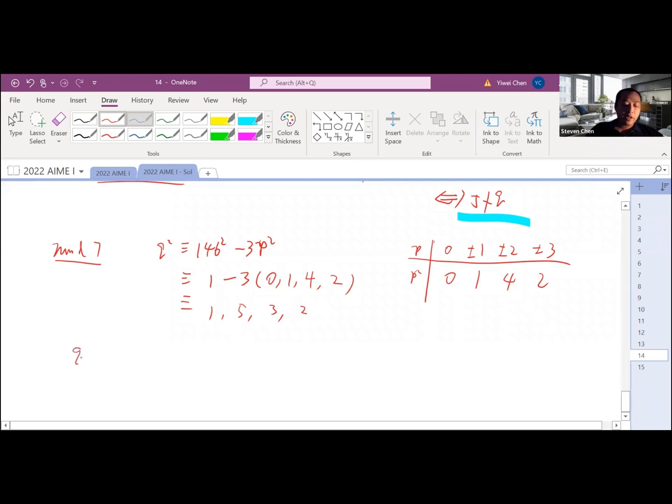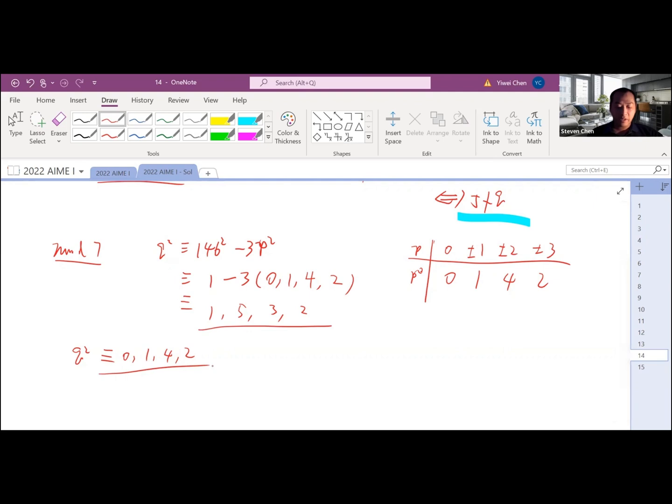And for q squared itself, following from the table on the right, the possible congruent numbers modulo 7 could be 0, 1, 4, 2. So in order to satisfy both of these conditions, the only possible congruent numbers can be 1 or 2. Okay, they are here.